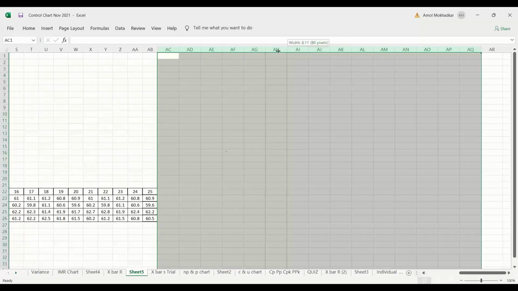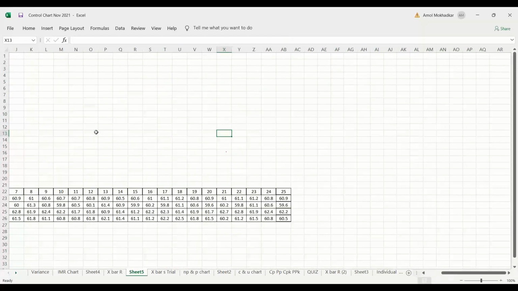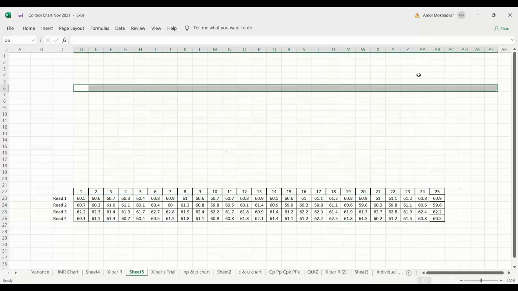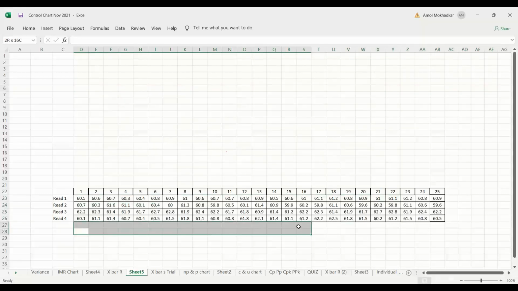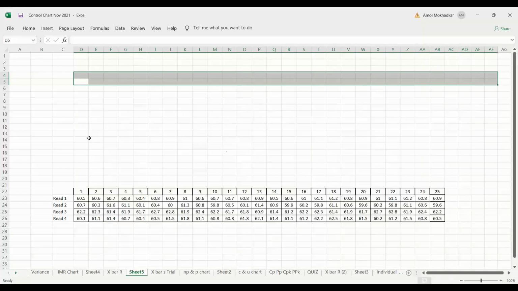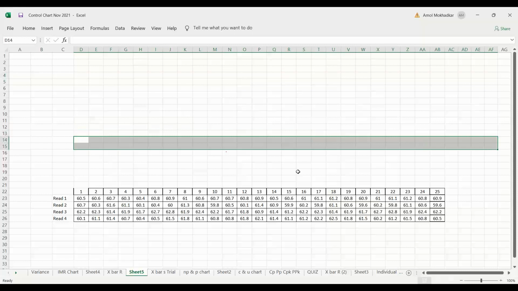I will just show you how it will look in an actual scenario on the shop floor. This will be your data, so this is historical based. You have created the lines on a historical basis. LCL and UCL you have calculated, so that historical data will be there. You will just put a line of the UCL and a line of the LCL. These two lines you will keep.